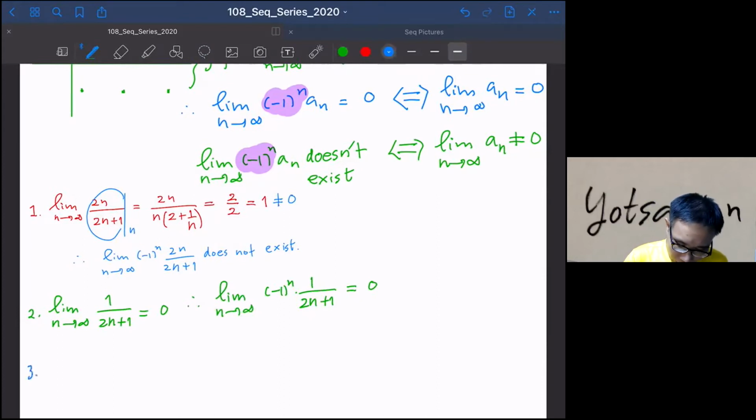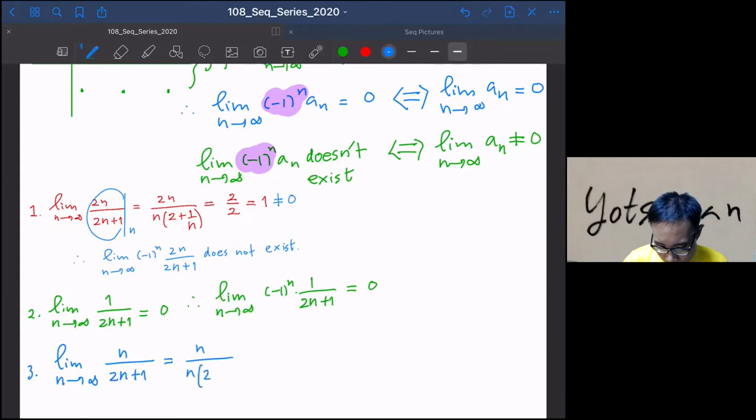For the third one, you'd like to find the limit as n goes to infinity of n over 2n plus 1. Same thing, it becomes n over n times 2 plus 1 over n, and this is 1/2, which is not equal to 0.